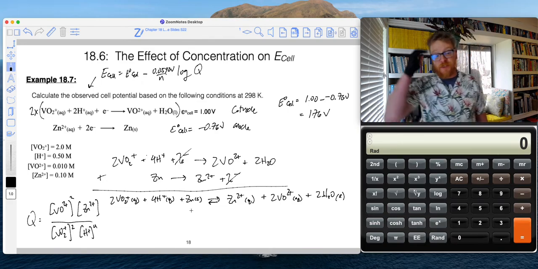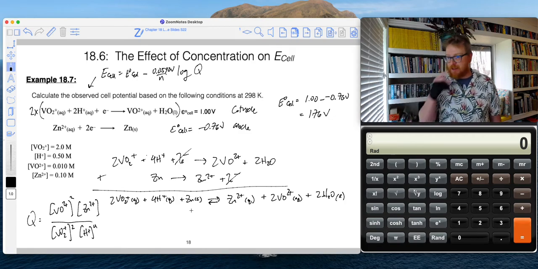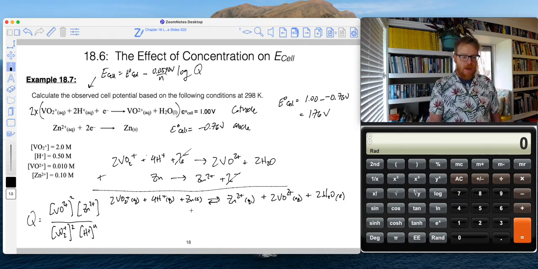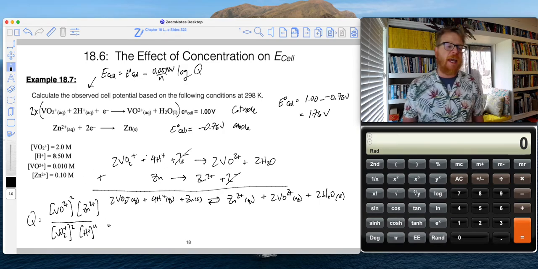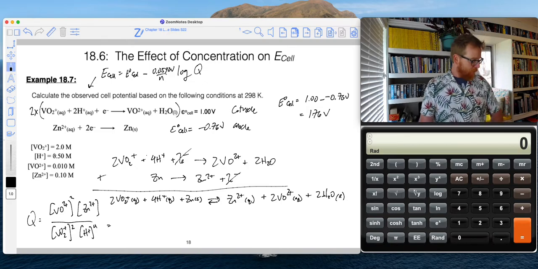And I don't include the solid zinc, once again, because it's a pure phase. Okay? And so now you can see I have all these concentrations listed here, so I can plug these in to get my Q value.